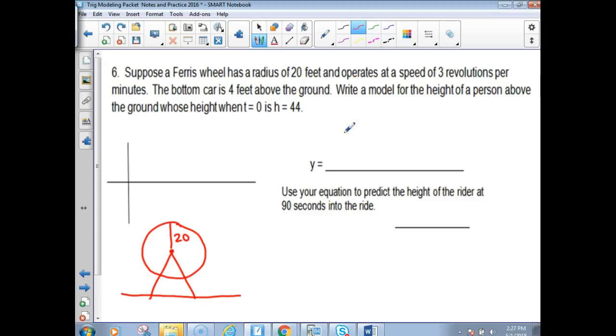3 revolutions. So what is our period? If it's 3 times a minute, 1 cycle will happen in 1/3 of a minute, right? Period is 1/3. Okay, now this is 0. Period's a third.